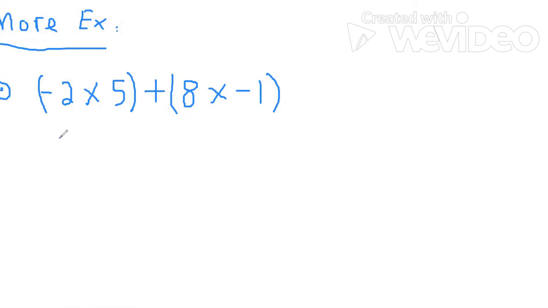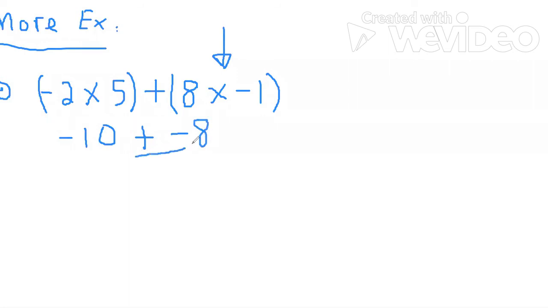So I have to start from 1, sir. It will be negative 10, not true? All right? Where about the plus? When I work out this now, what do you get now? Negative 8, sir. Negative 8, not true?